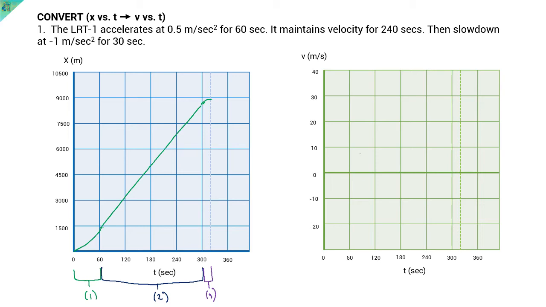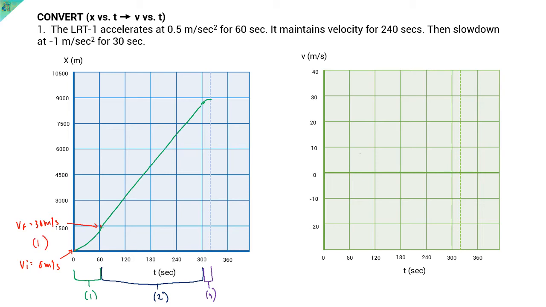Okay, so analyzing a while ago, we have learned that the initial velocity for situation 1 is actually 0 meters per second because it started from rest. After that, its final velocity is actually 30 meters per second. So that's for situation number 1.